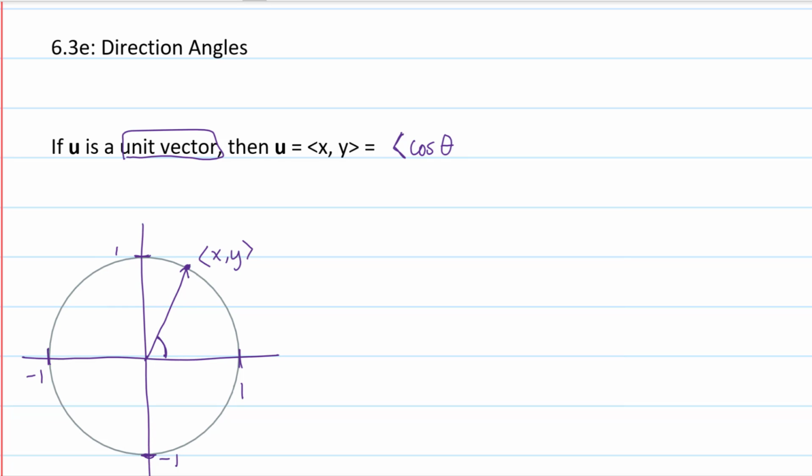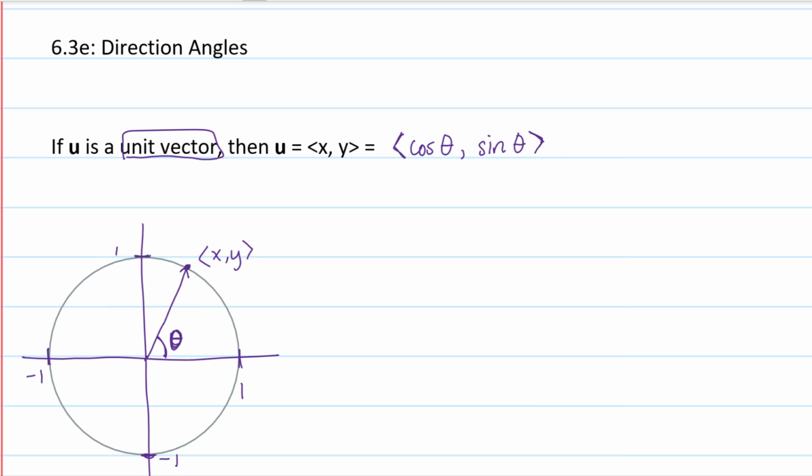This angle in here, we called it the reference angle when we were talking about unit circles. Now we can call it the direction angle. It describes the direction of our vector. We usually use a theta for that. And so the x component is going to be cosine theta, and the y component is going to be, that's right, sine theta.